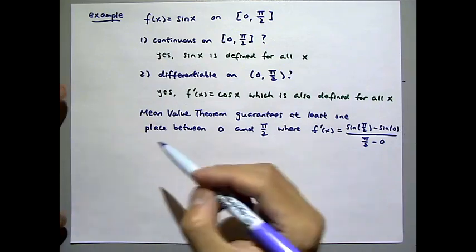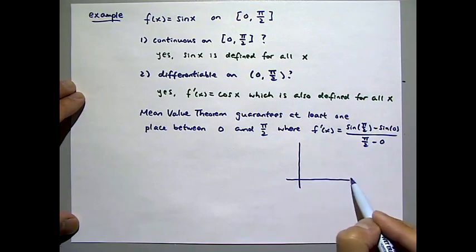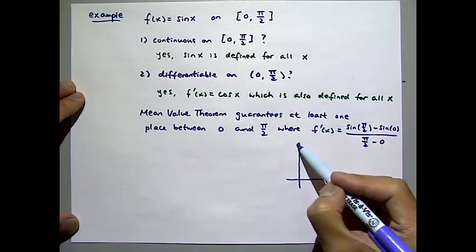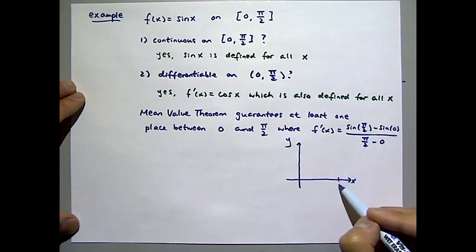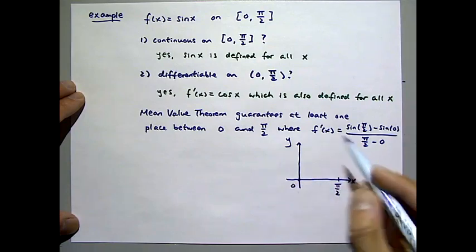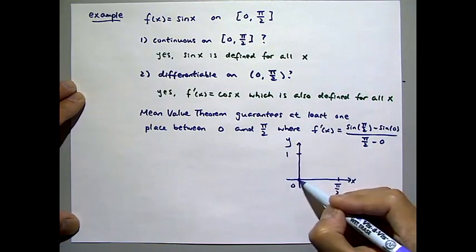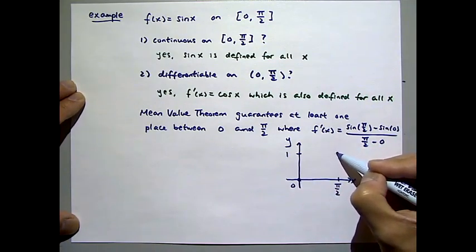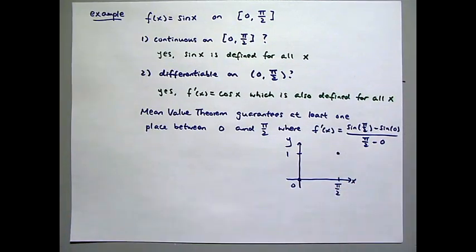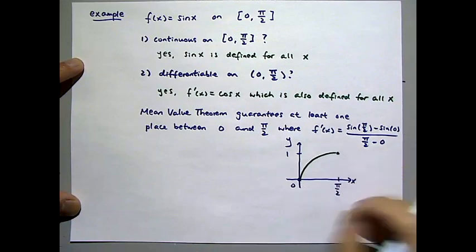Let me sketch that. We know sine starts at 0 and goes to 1 at pi over 2. And between the two, it goes something like that.